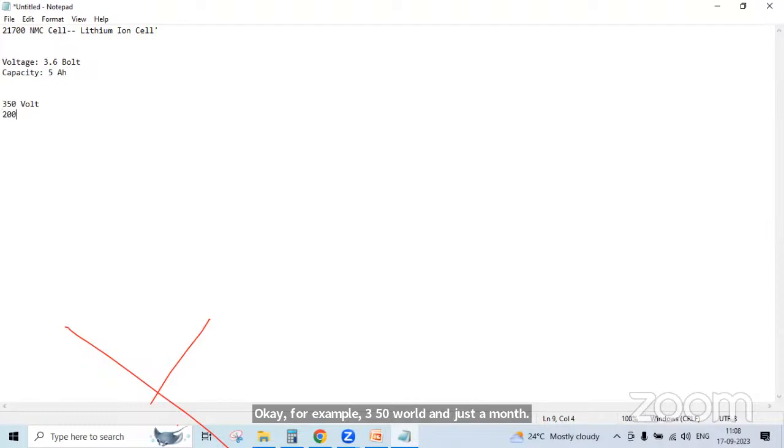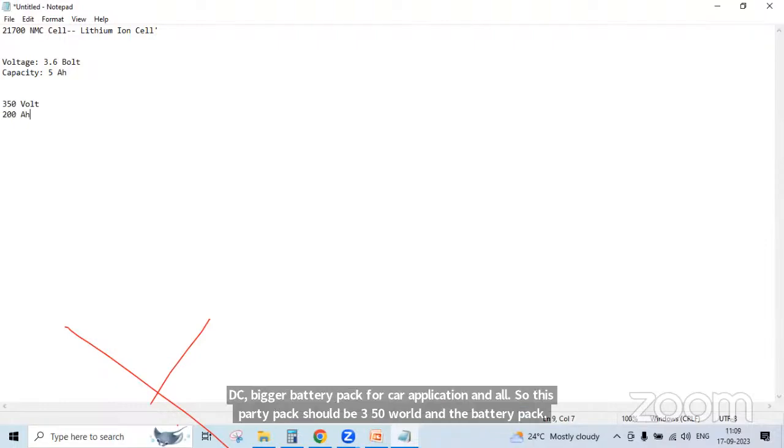I have to make a bigger battery pack, for car application and all. So this battery pack should be 350 volt, and the battery pack current capacity should be 200 Ah.